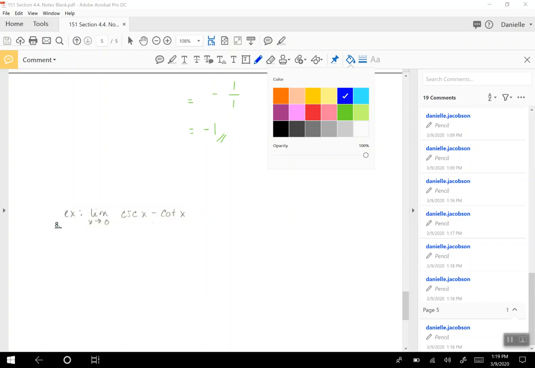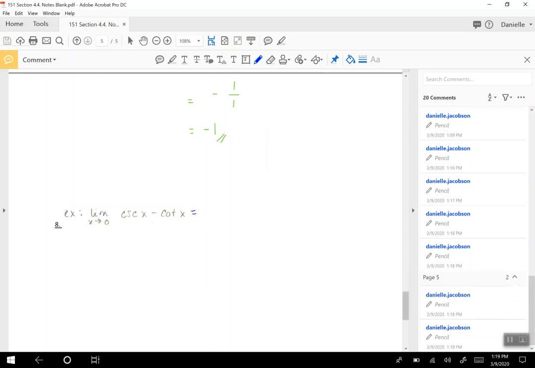Well, in order to use L'Hopital's, it should be an indeterminate form, and you need to turn this into a fraction. So I'm going to have to use a little bit of algebra, or trig, to turn this into a fraction first. So I have the limit as x goes to 0 of cosecant, which is the same thing as 1 over the sine of x, minus cotangent, which is the same thing as cosine of x over sine of x.